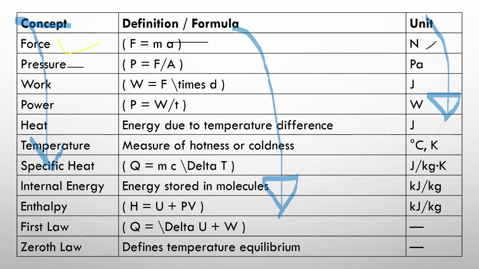Pressure is F by A, unit is Pascal. Work, power, heat, temperature, then specific heat, internal energy, enthalpy, then the first law and zeroth law of thermodynamics. All this that we have discussed till now is summarized in this table, shown here.